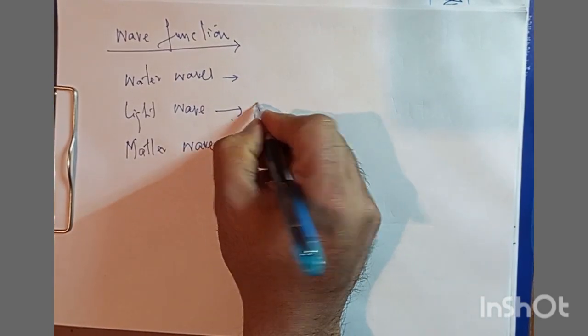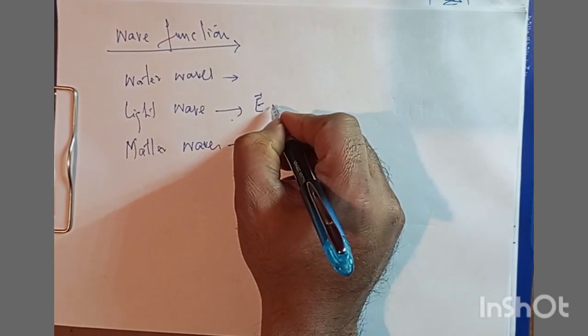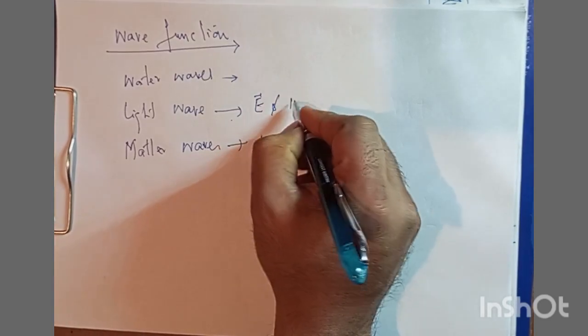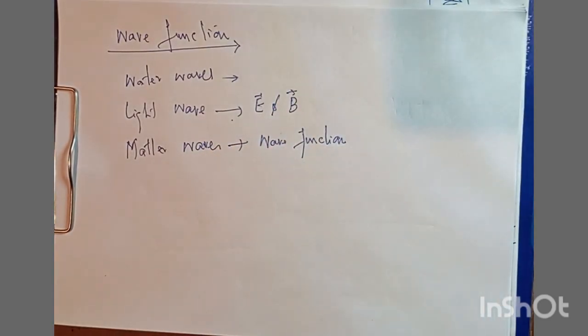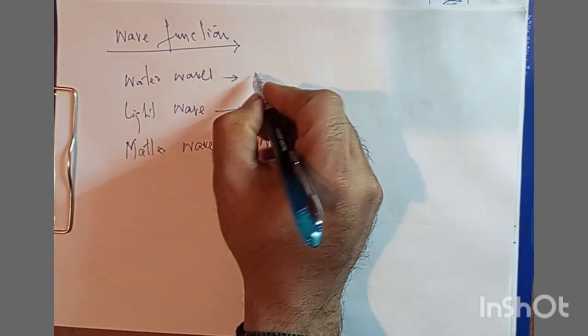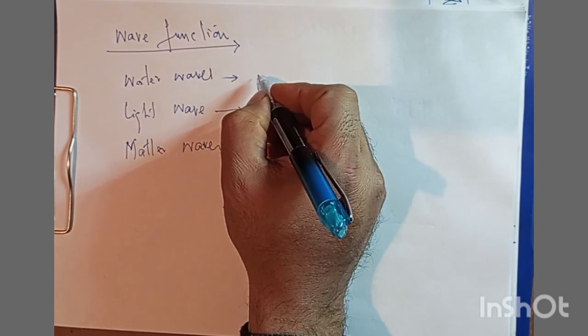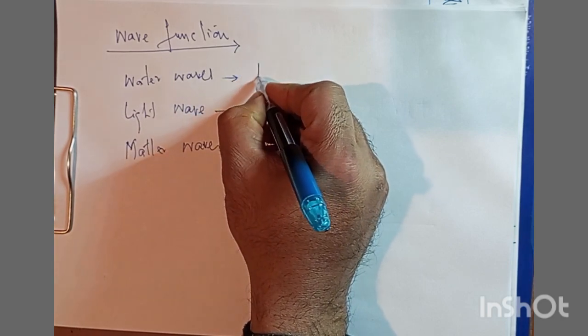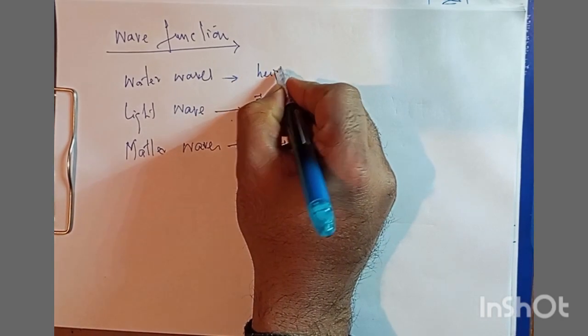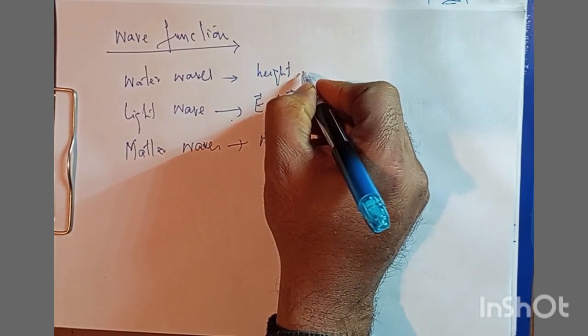So here we have electric fields and magnetic fields, the varying electric fields and magnetic fields. And here we have the height, I mean, height of water waves on the surface.